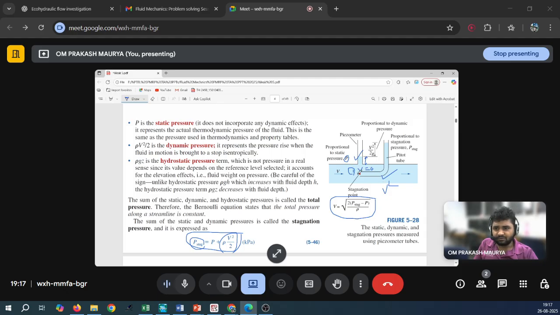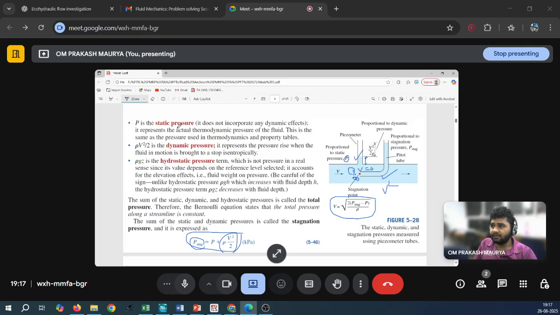Let us suppose this is your point 1 and immediately here is point 2. At point 2 some velocity is there, but here the velocity is 0, and the velocity at that point is v. Using this concept we will be able to calculate the velocity from your pitot tube.